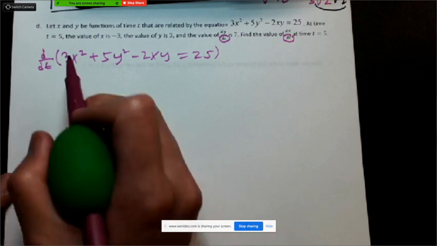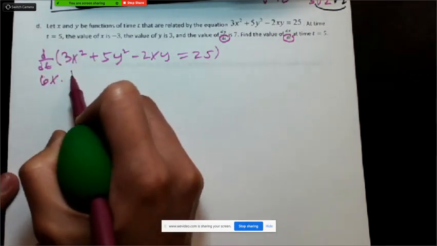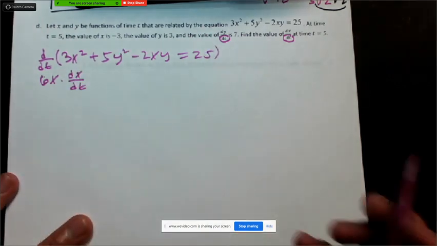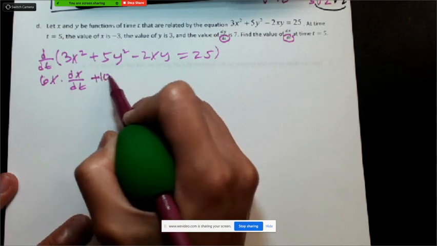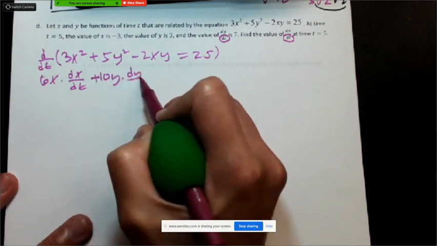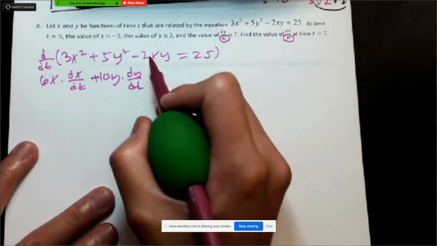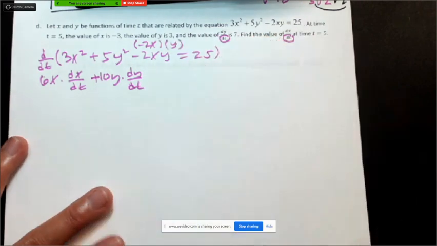So we know 3x squared is 6x, but we have to add what? dx over dt. Is that letter over what we are looking at with respect to? 5y squared is 10y, and again, we have to add dy over dt. And again, we have our product rule. Just to make it neat, I'm going to write it in parentheses.